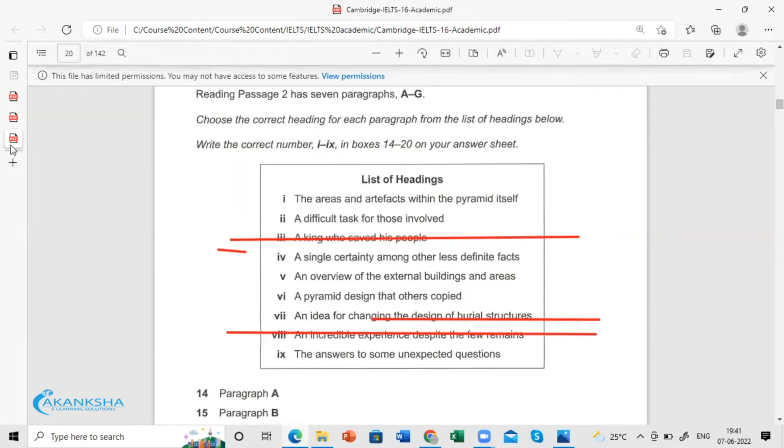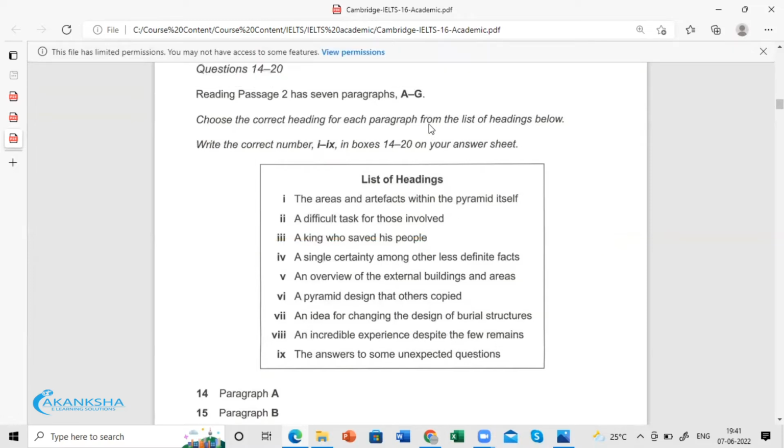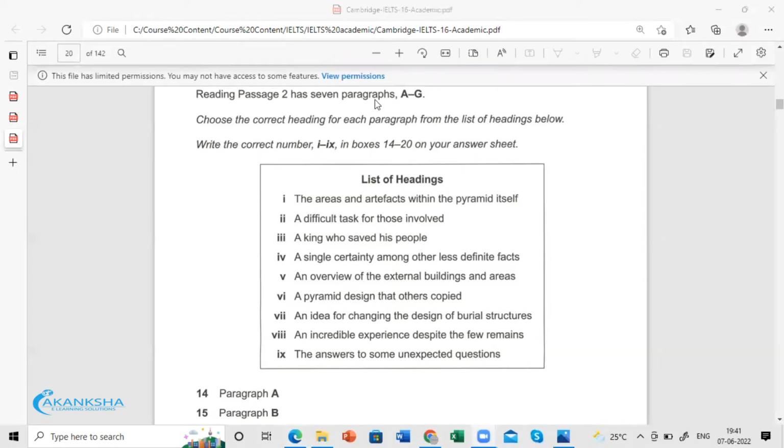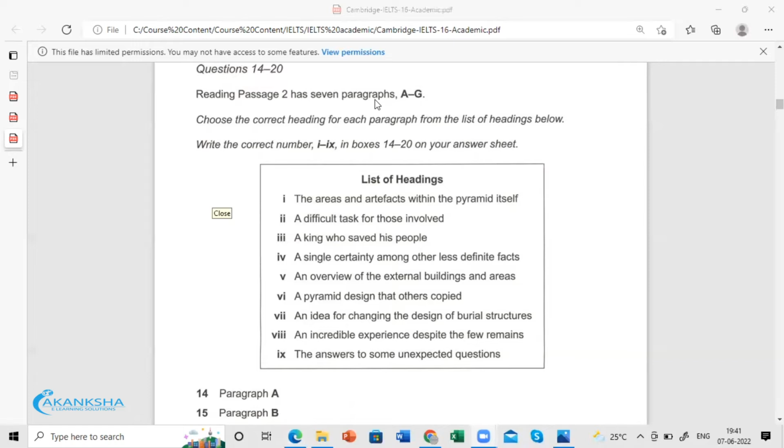Now, the fourth one we have already selected for the first paragraph. So leaving that, we have to select for something else. The areas and artifacts within the pyramid itself? No. Within the pyramid, they are not discussing. It is more about the king here, not about the pyramid in the second paragraph. Right? Okay.